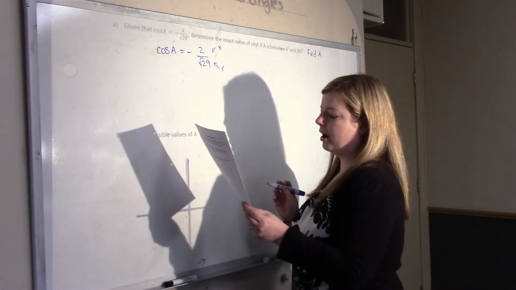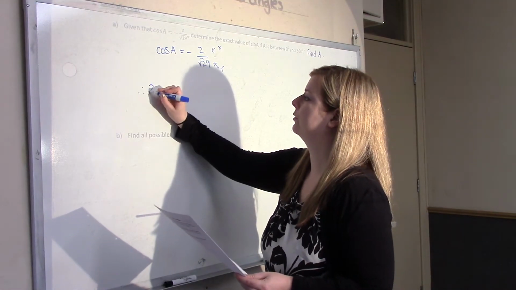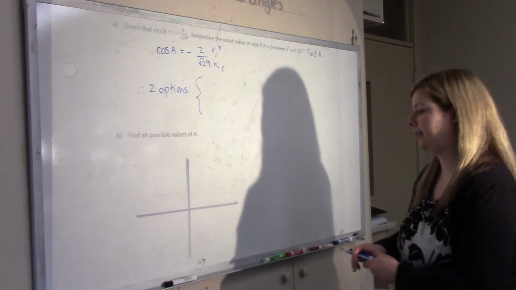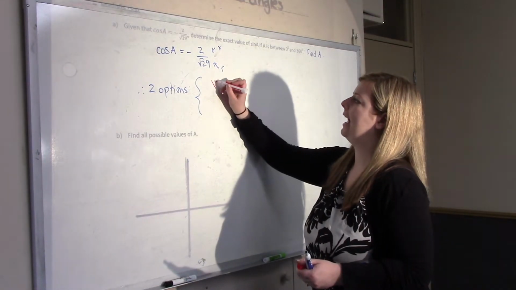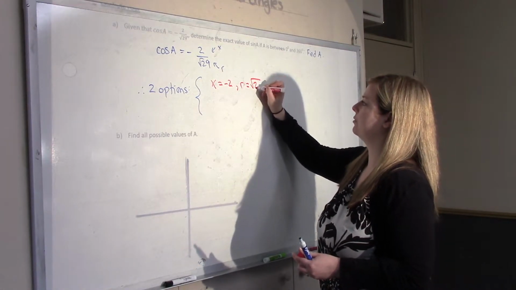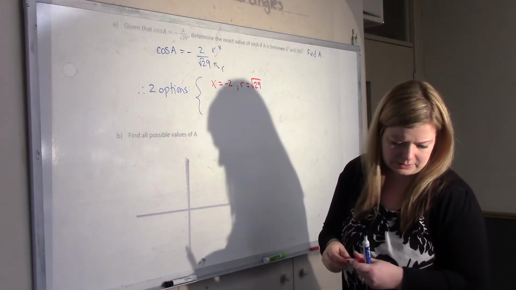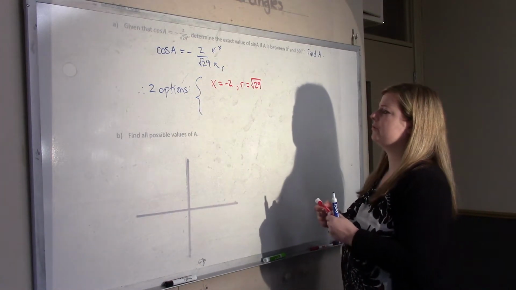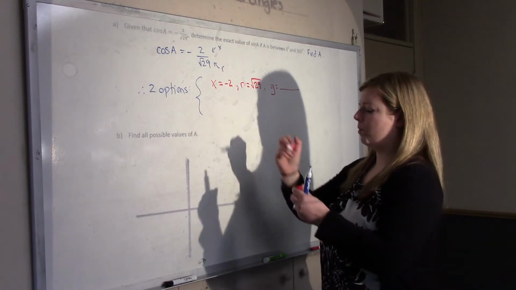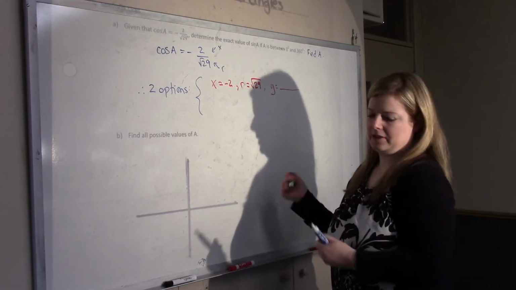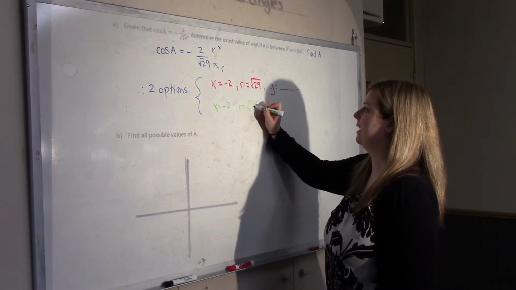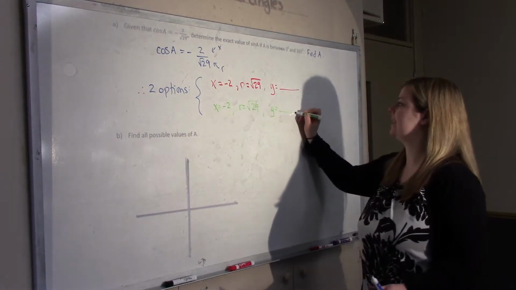So you have two options. Either x is equal to negative 2, r is equal to root 29, and y is a positive number, or x is equal to negative 2, r is equal to root 29, and y is a negative number.